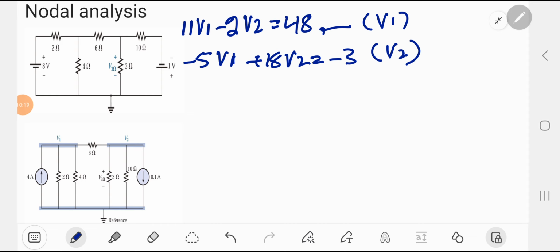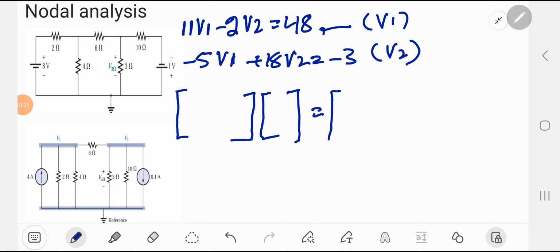So the matrix form for these equations will look like this: AX is equal to B.